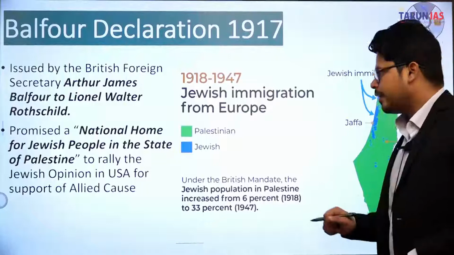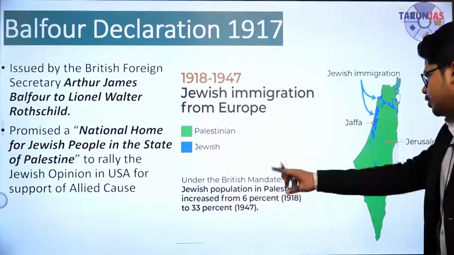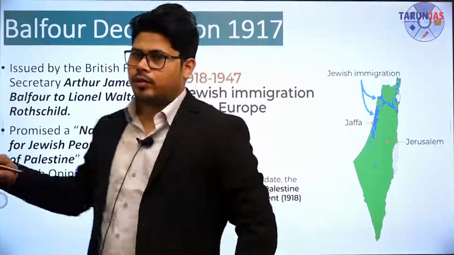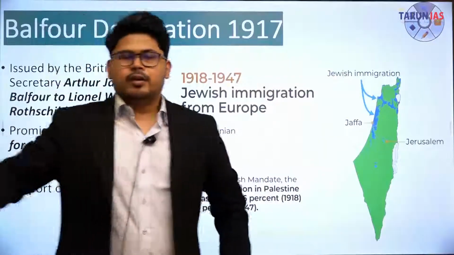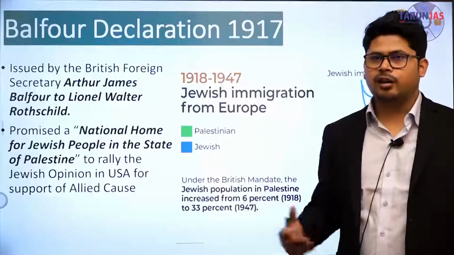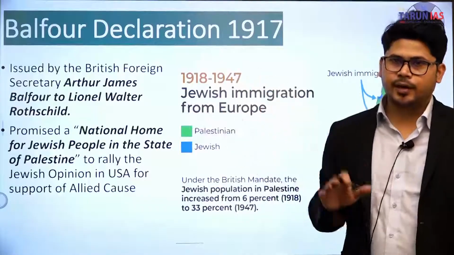changed. Okay. Under the British mandate, now what happened was, after World War I, okay, the League of Nations was formed, and the League of Nations supported the idea of the Balfour Declaration in 1922.